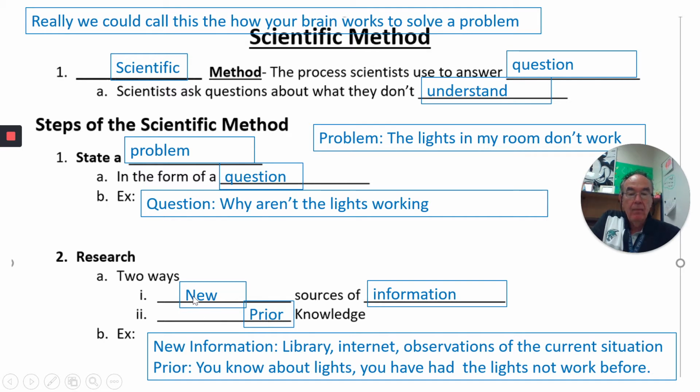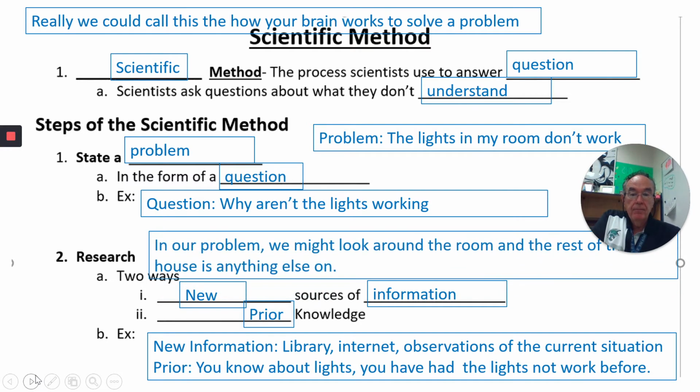In this example, we might do some new research and make some observations about the current situation. For example, we might look around the room and the rest of the house and see if anything else is on. Okay? That new information will help us answer this question.